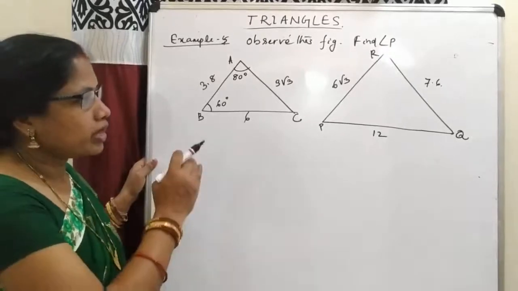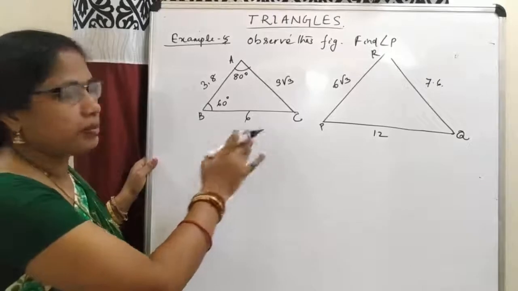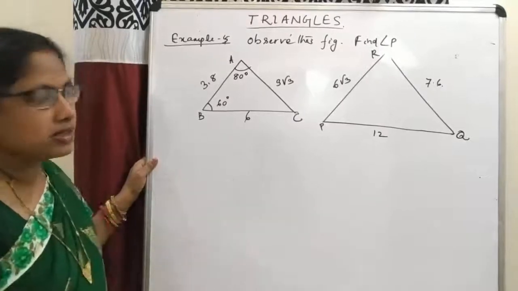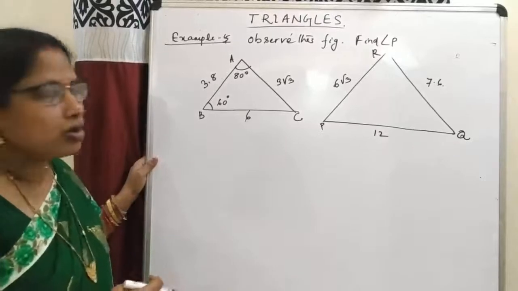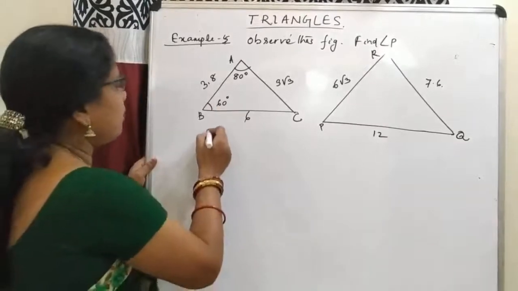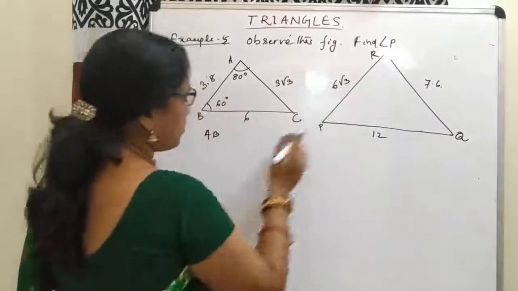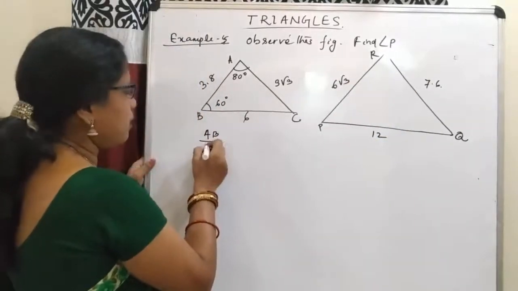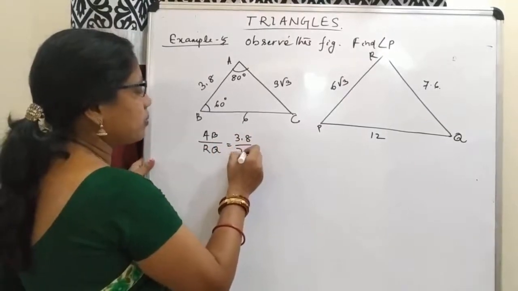So first we have to find out whether there is any relationship between the sides of the two triangles or not, or whether they are in the same ratio or not. Here AB is 3.8 and RQ is 7.6. So AB by RQ is equal to 3.8 by 7.6.